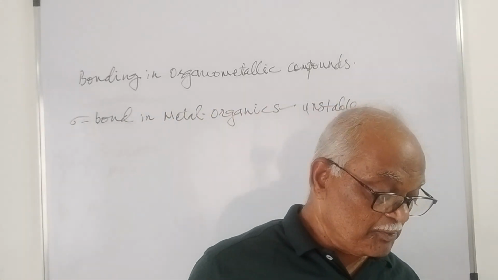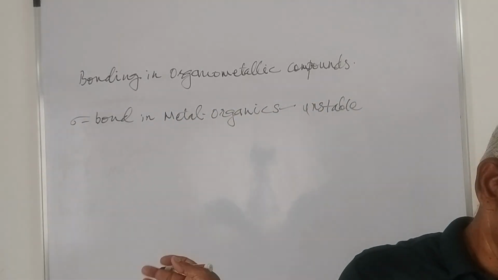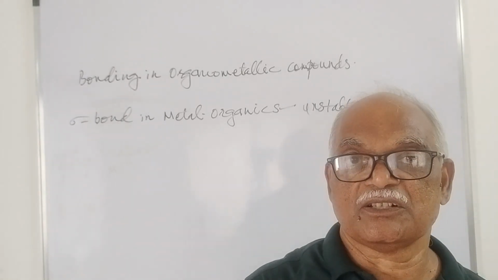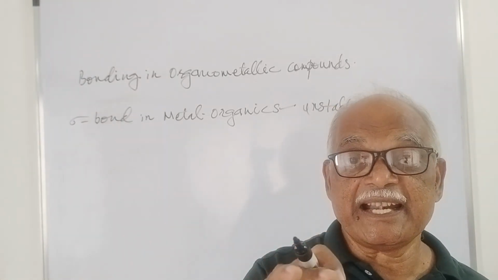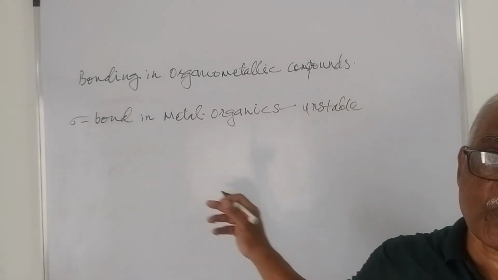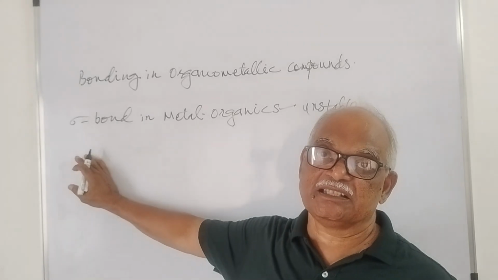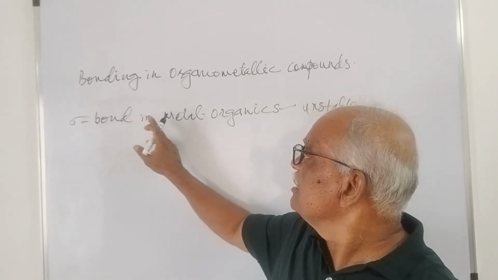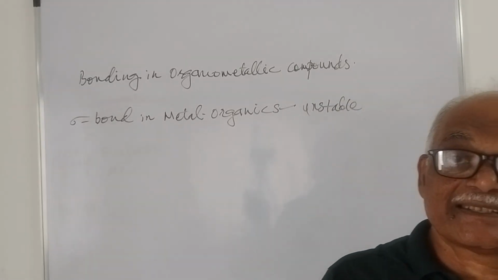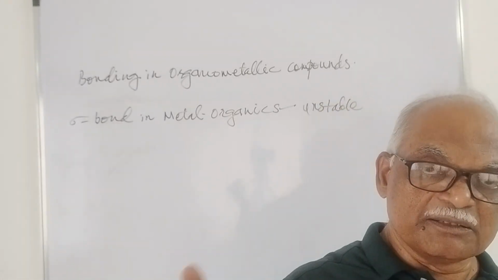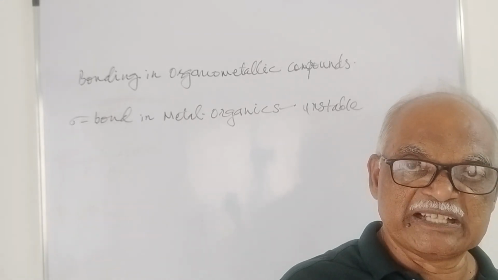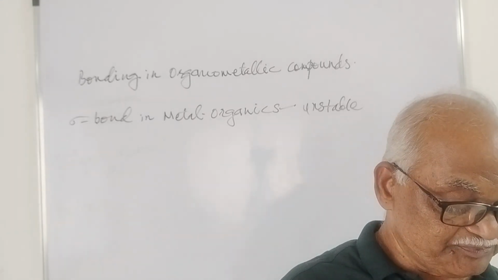If we see simple examples, in simple compounds mostly the product, that is the metal organic or organometallic compound, is stable. But in some cases the organometallic compound is unstable.